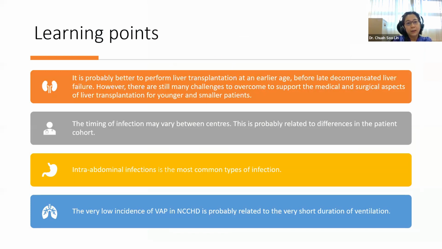So we're coming to the learning points. By looking at the good outcome from the Japan center and its cohort of patients, we come to think that it's probably better to perform liver transplantations at an earlier age, before late decompensated liver failure.